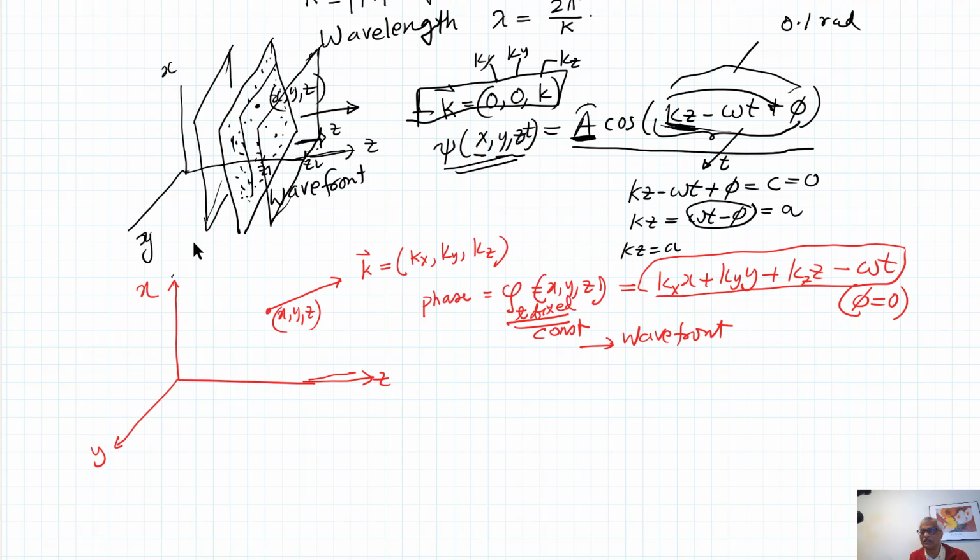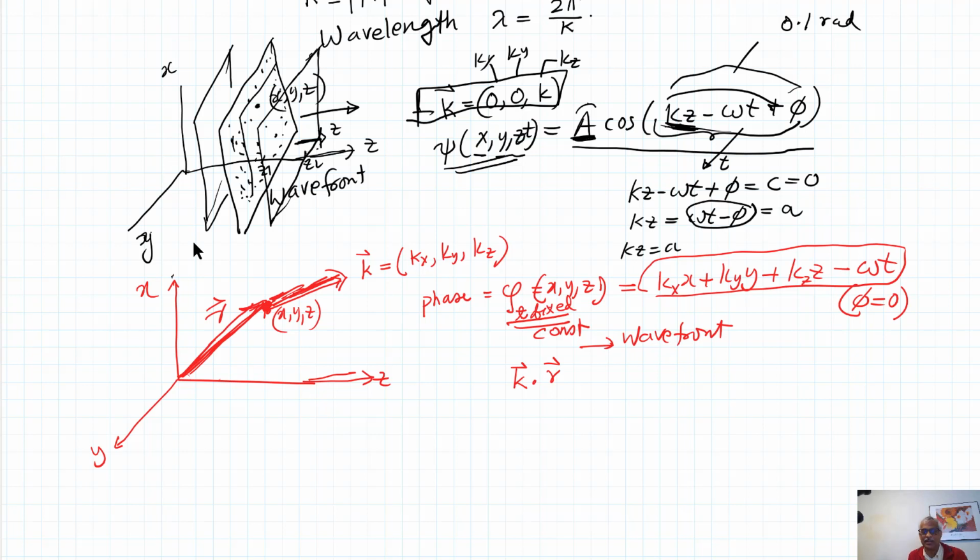So if you look at this equation, k dot r, so this r vector is, okay, r vector, k vector is that, and this is the r vector.